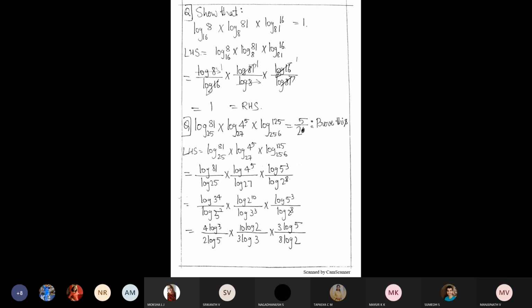Write down this problem. Prove LHS is equal to RHS is equal to 1.